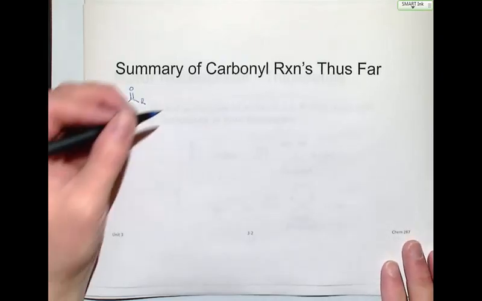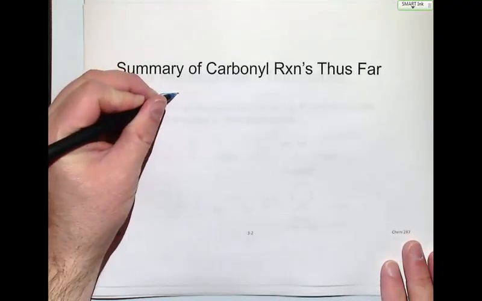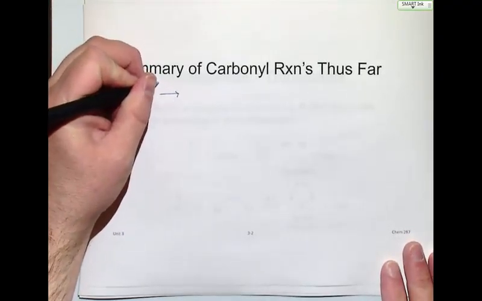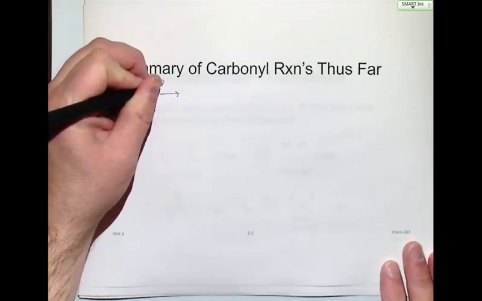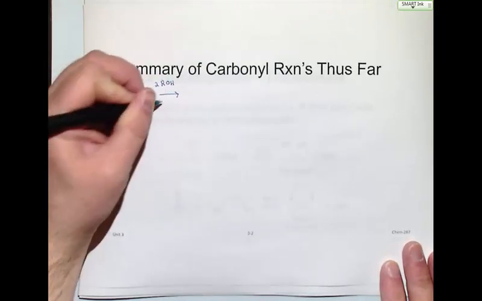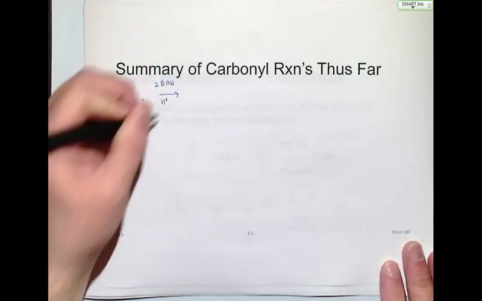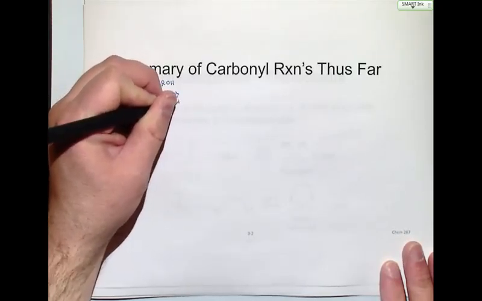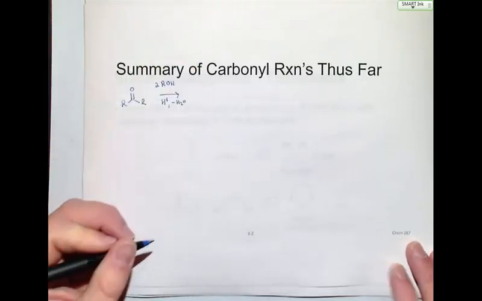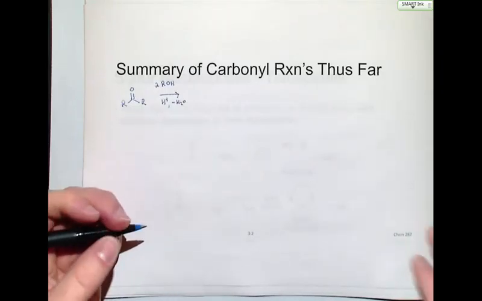So we used oxygen nucleophiles. We used 2 equivalents of an alcohol in the presence of an acid catalyst while removing water. And we formed what kind of functional group from that?